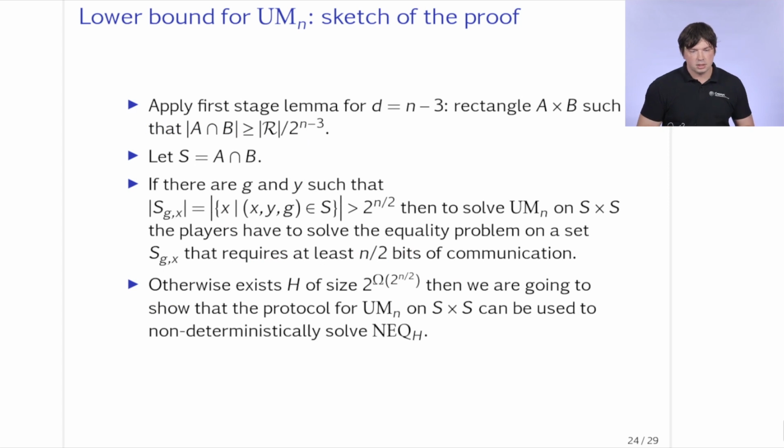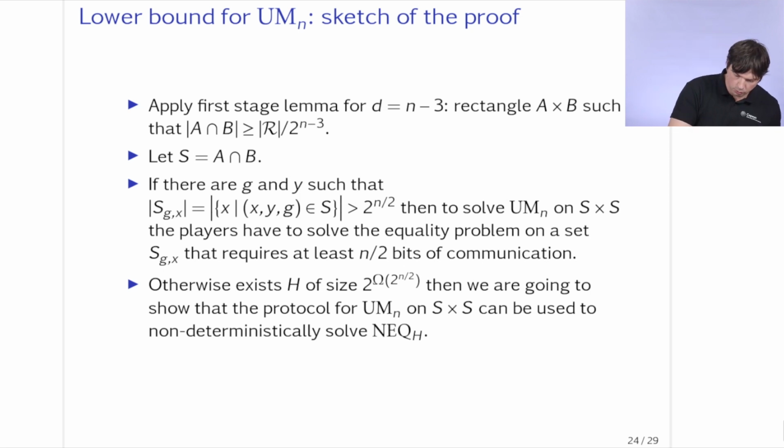All right. So here is a sketch of the proof. First of all, just go down the protocol n minus 3 rounds and pick the node with a large intersection. Then there are two different cases. First of all, we have this giant set of x's that can be given to both players.